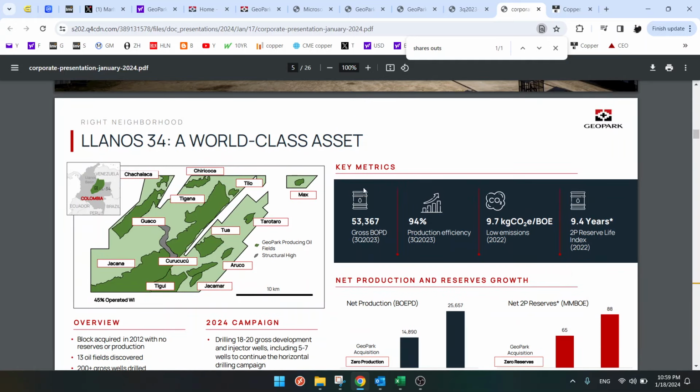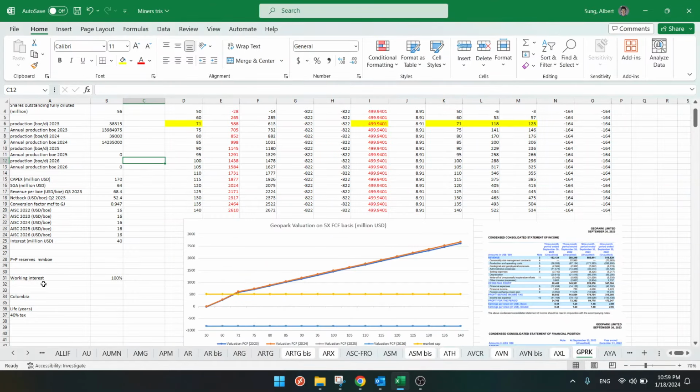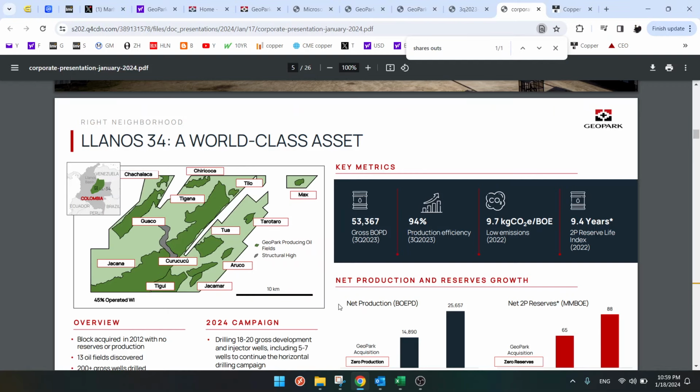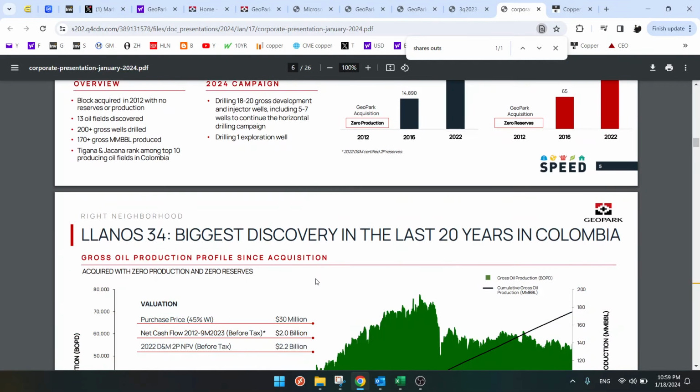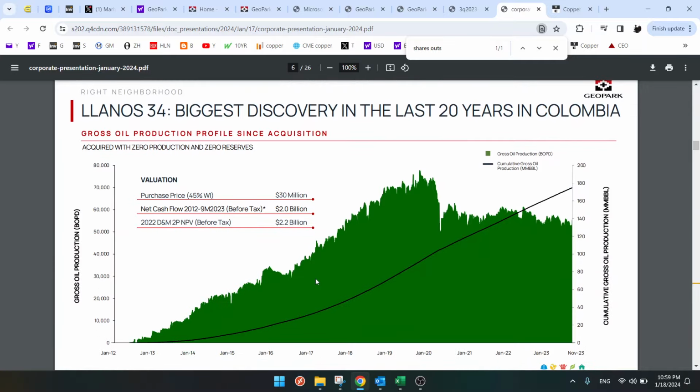In Colombia. Yeah, Colombia is the biggest asset, so 10 years of life. Has gone down. Oil production is going down.